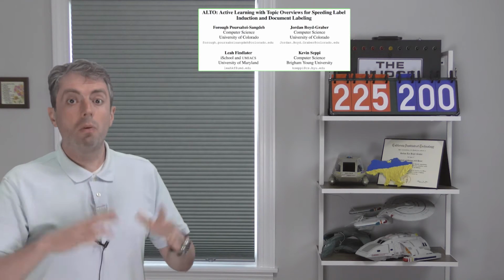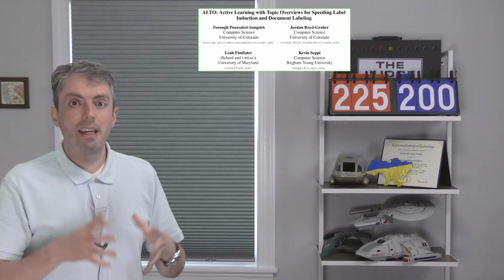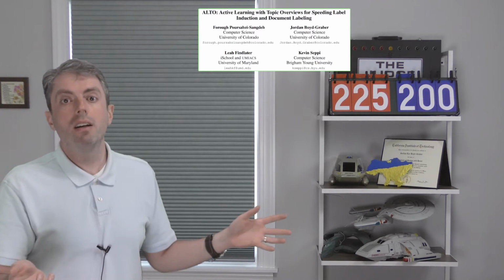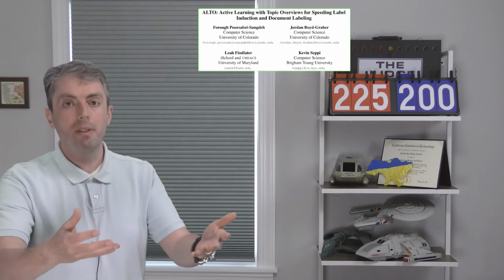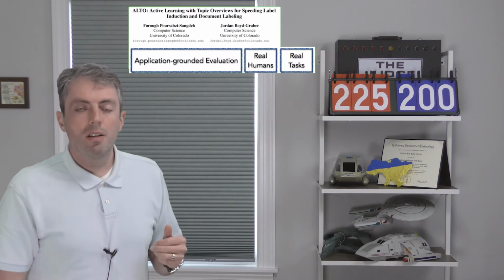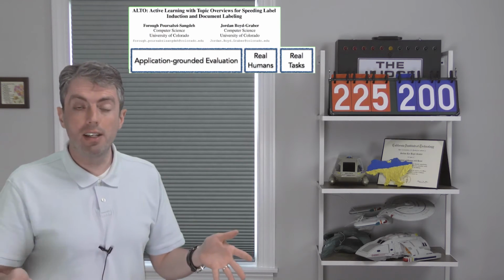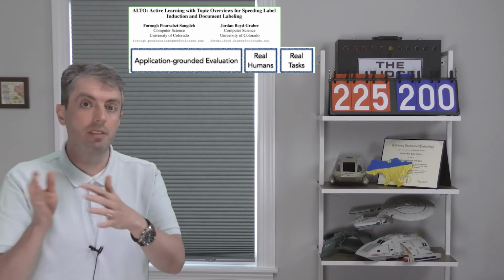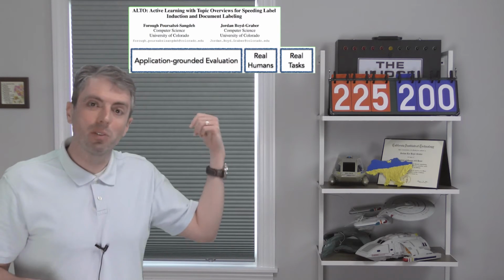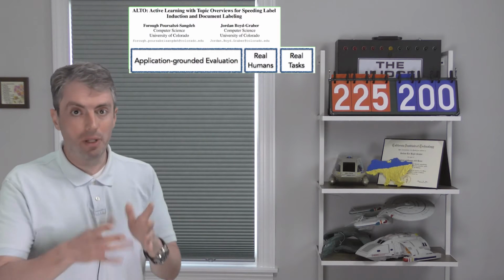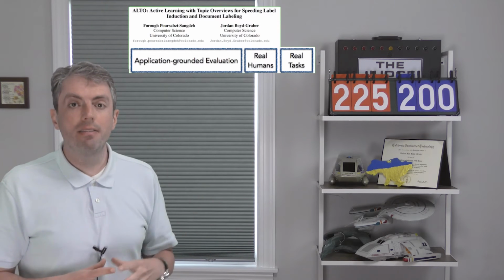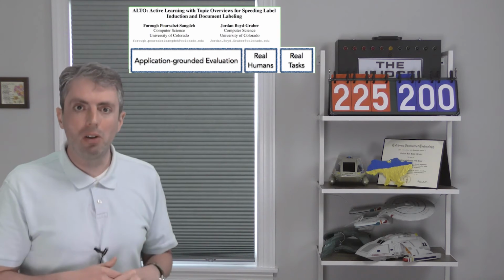You're a poor intern at the FCC after Colbert asked everybody to submit their comments on net neutrality regulations. Or finally, you're a political scientist looking at a decade of legislation and you need to categorize the bills into what they're talking about. And that's the real world application that we investigated in this paper, which we called ALTO.